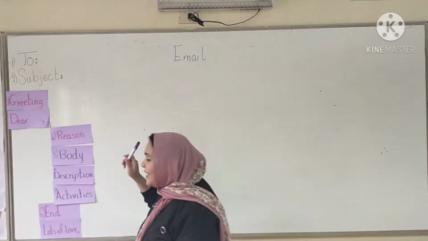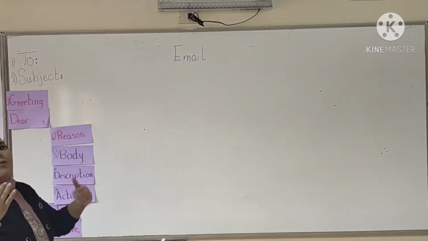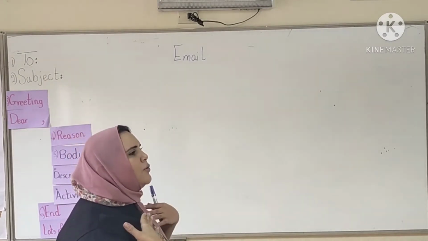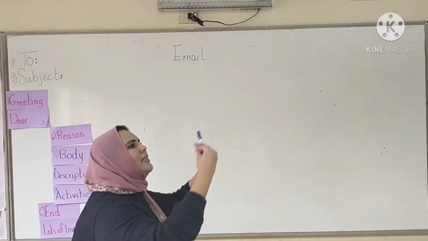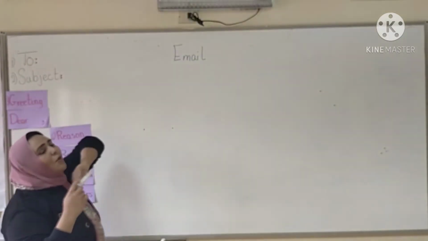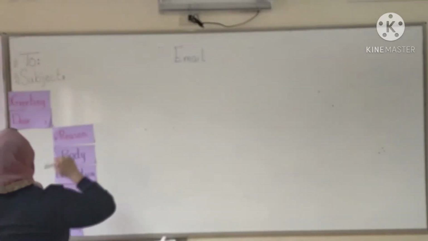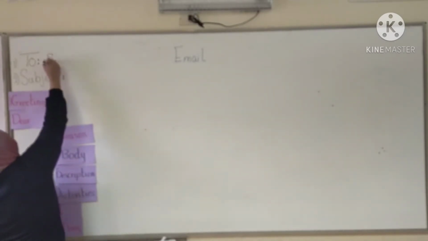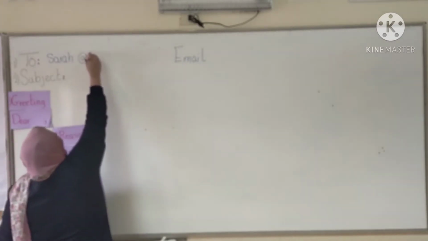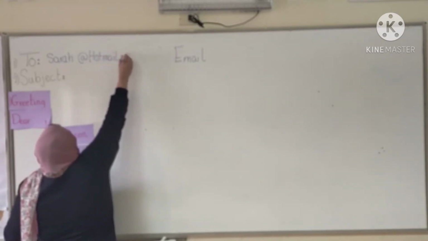The first thing is we have to write the email address of the one that we are going to send to. For example, I'm Miss Nancy. I'm going to send an email to my friend Miss Sarah. So I will write here the email address for Miss Sarah. So, for example, I'm going to write Sarah at hotmail.com.